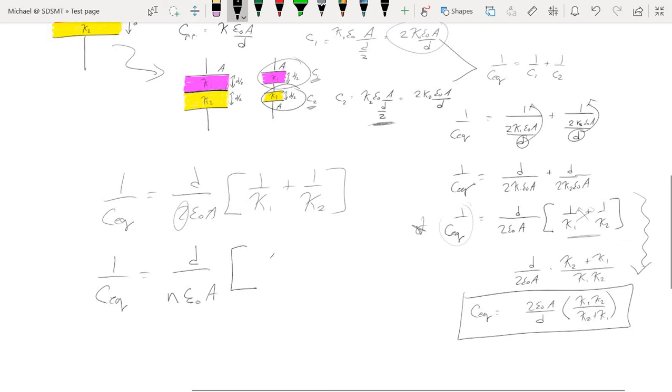And then we have the summation of 1 over the individual kappa values as we go from 1 to n.